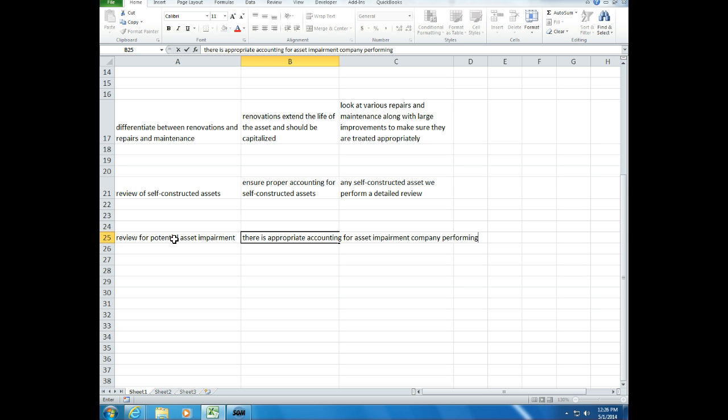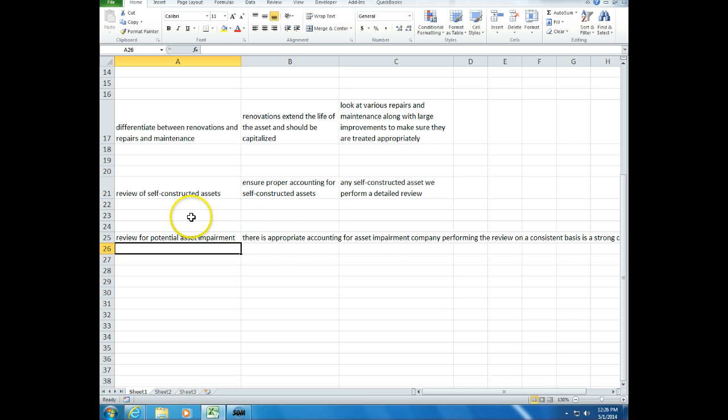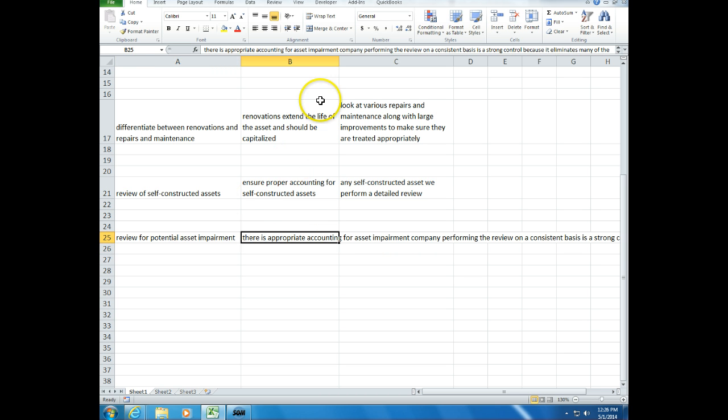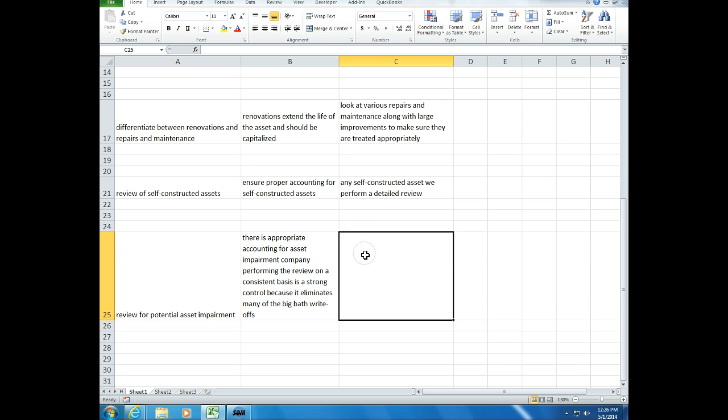Company performing the review on a consistent basis is a strong control because it eliminates many of the big bath, they call them, write-offs. So basically, consistently looking at these every year is going to keep the numbers fairly current from all of a sudden having 1 year where there's 20 assets that are impaired.